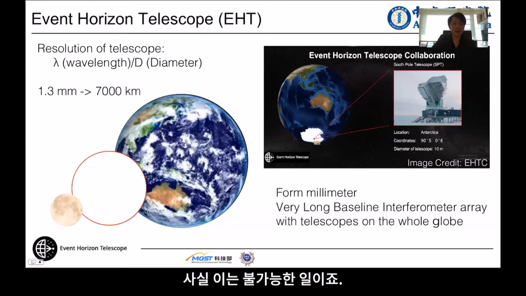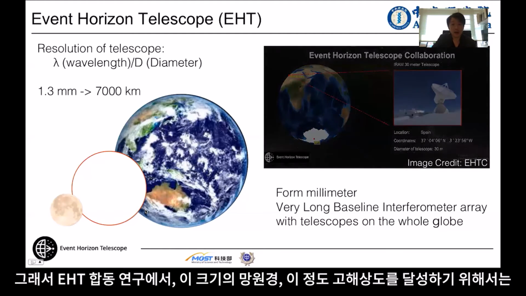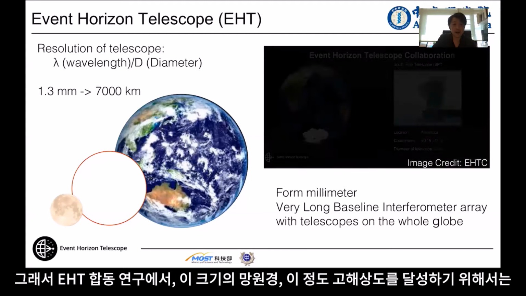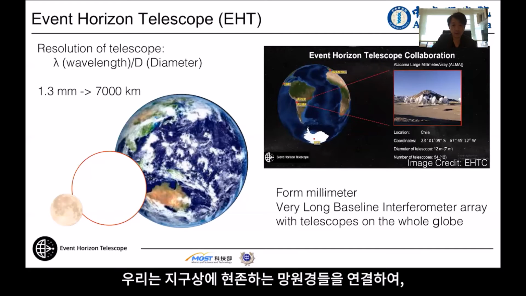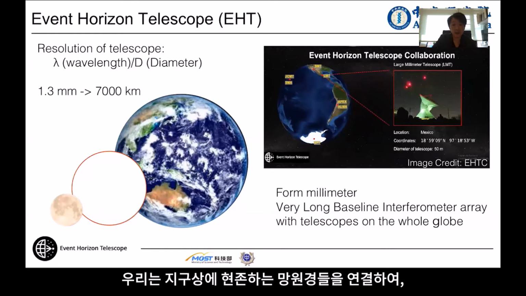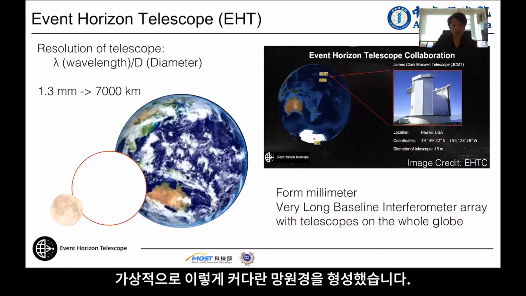Actually, this is impossible. So the EHT collaboration is aiming to realize this size of telescope, this high angular resolution, by forming a virtual telescope. We are trying to link the existing telescopes on the globe and virtually form such a huge telescope.